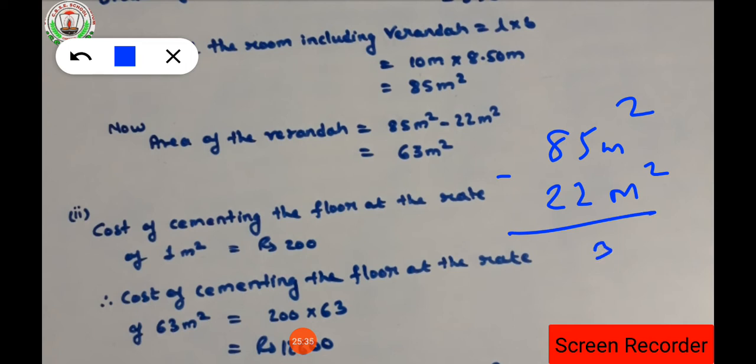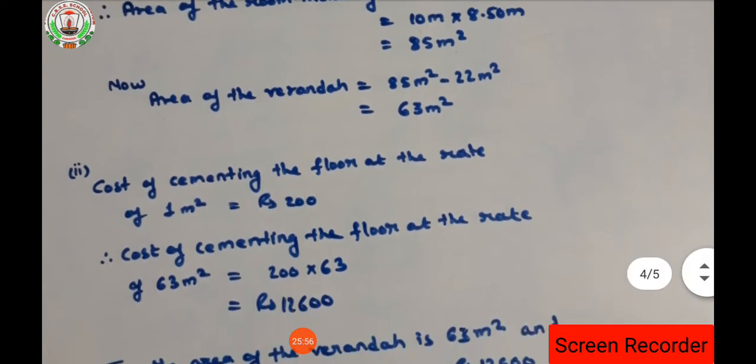Subtracting both, we get 63 meter square. That means the area of the veranda is 63 meter square, excluding the room. Have you understood? Excluding the room means the room area is not being added in the area of the veranda. Have you understood up to here?